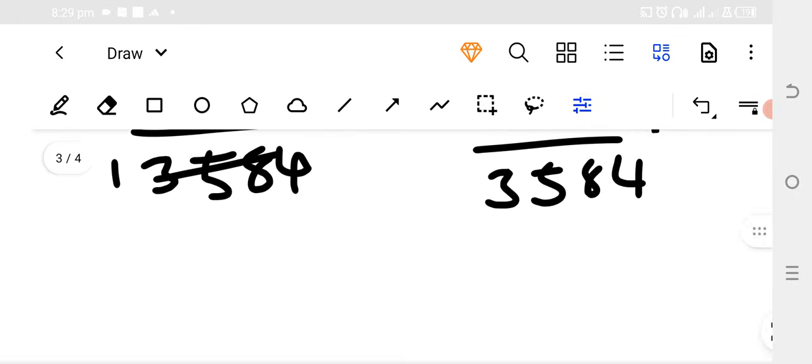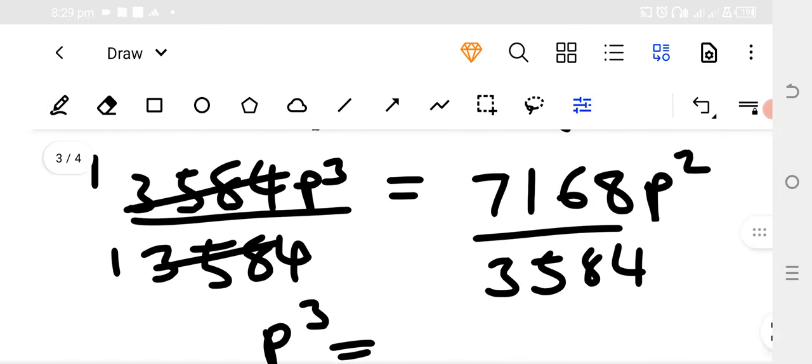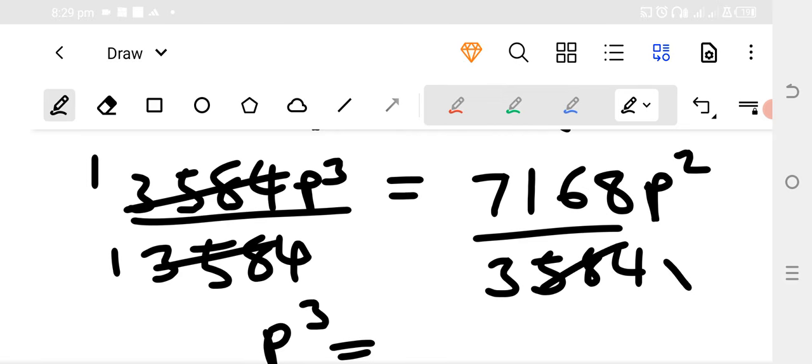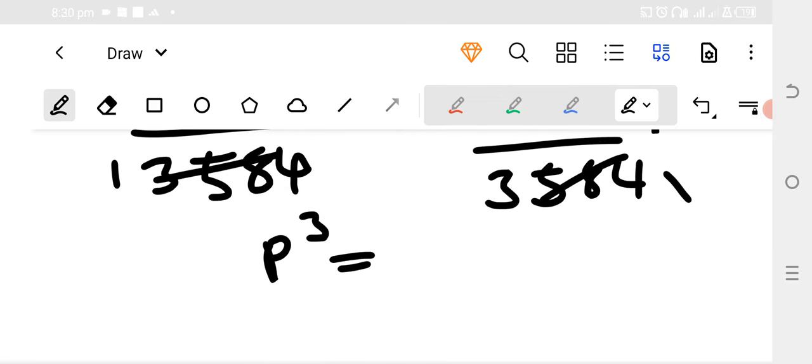We are going to have p cubed is equal to, this can go into that twice, so we're going to have 2p squared. At least I've just simplified the numbers, so that the equation can make more sense.